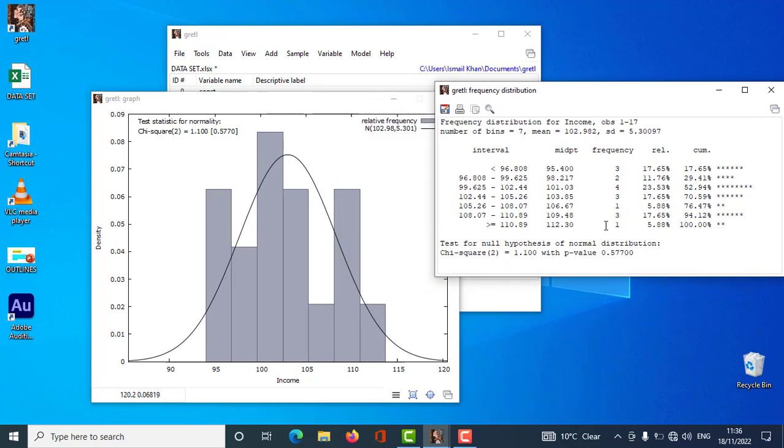Our p-value is 0.577, which is more than 0.05. Okay, so according to this, our data is normally distributed. Now we look at the graph. The graph also has some small fluctuations, so it's normally distributed and we don't need to do anything about it.